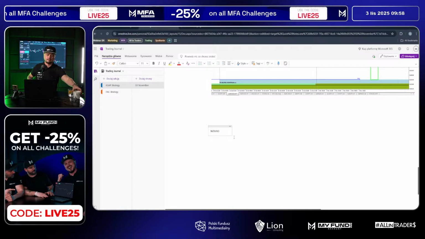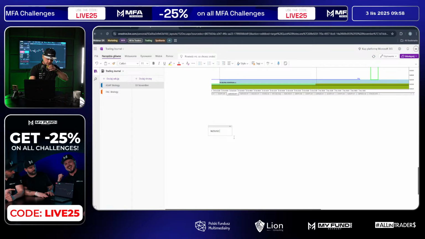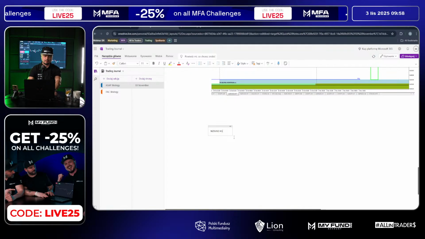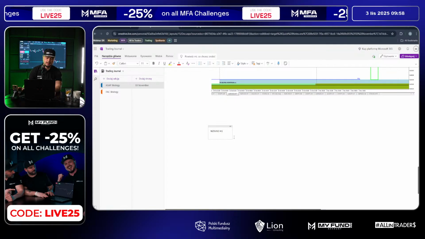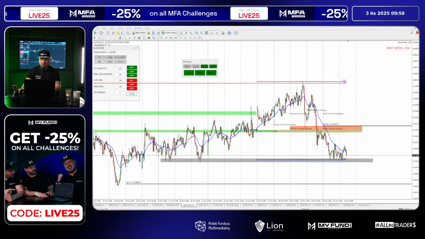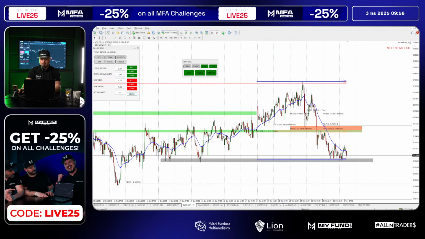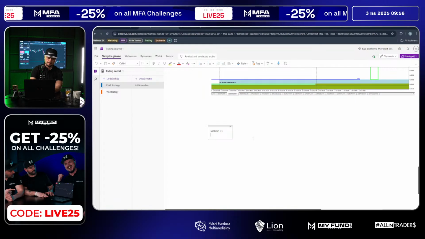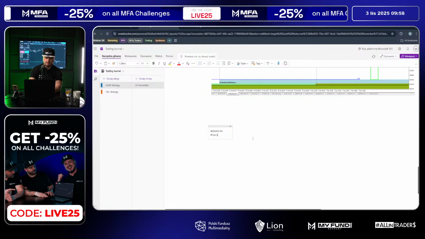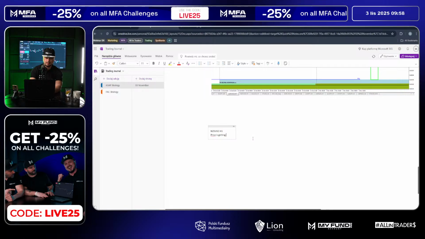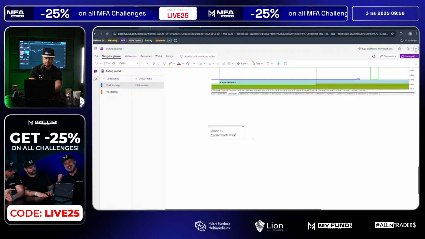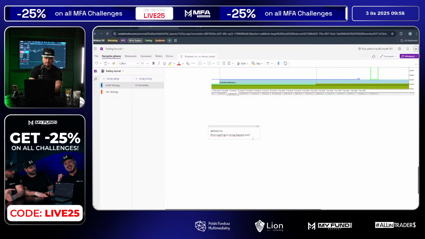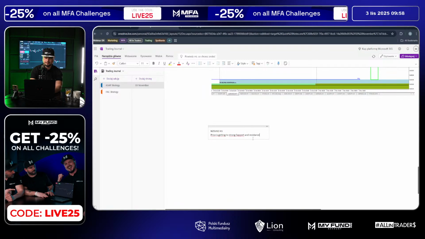Okay. So New Zealand dollar. This is 1 hour time frame. Let's check it out. What's going on over here? Okay, price is getting this strong support and resistance.